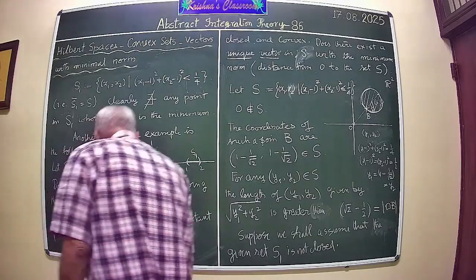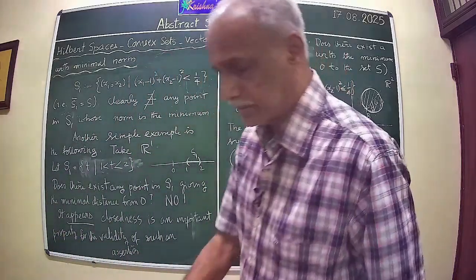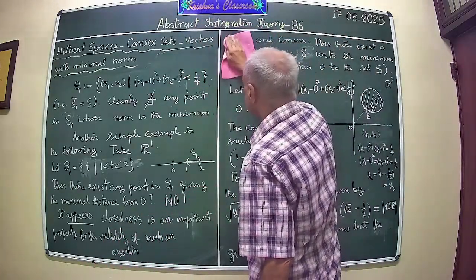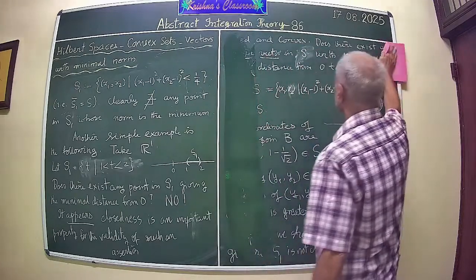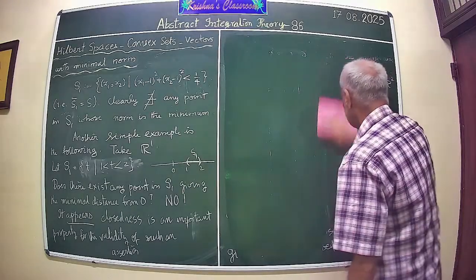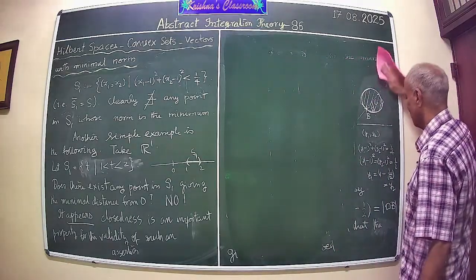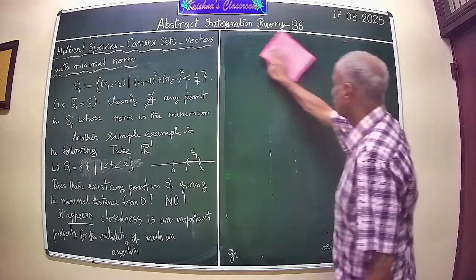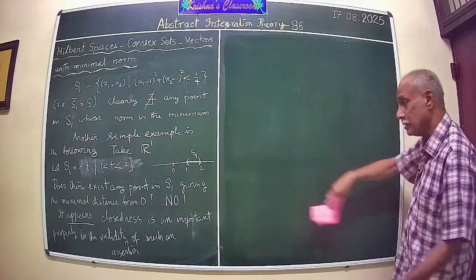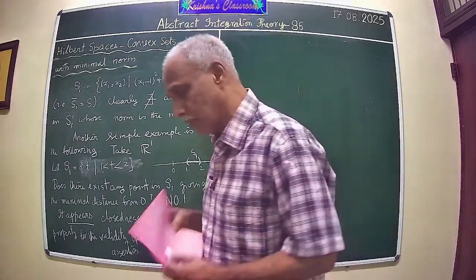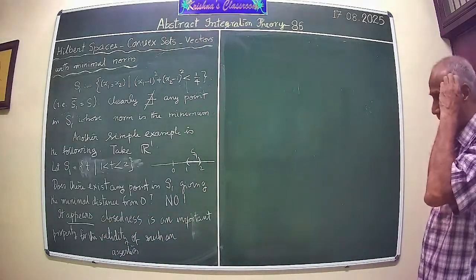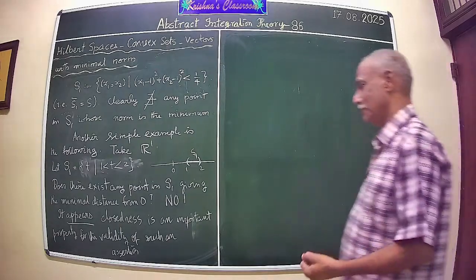We shall keep guessing. Now, what about convexity? Closedness alone is not enough to assert that there exists a point at all.